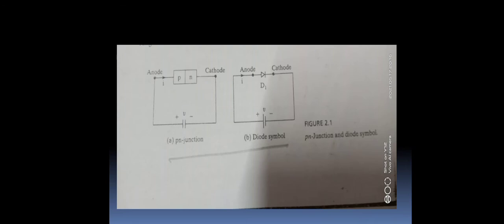Suppose ID is the current flowing through the diode, VD is the voltage drop across the diode, and IS is the leakage current.